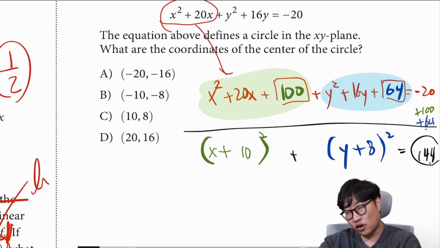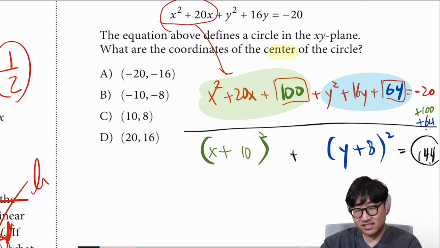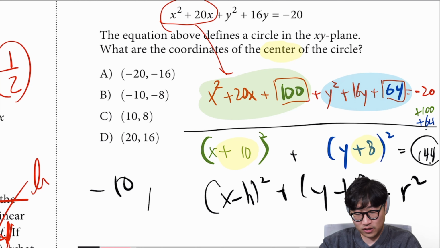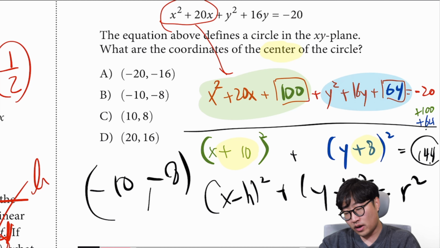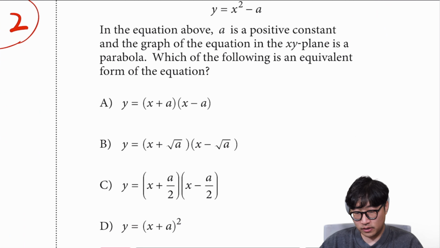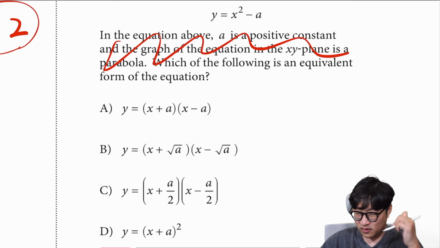Oh, hell no, because all you want is just the center. Comparing that to the original circle equation, you should notice that it is going to be -10 for the x and -8 for the y coordinates of the center, which is going to be choice B. Number 30, the equation above is whatever, which of the following is an equivalent form.